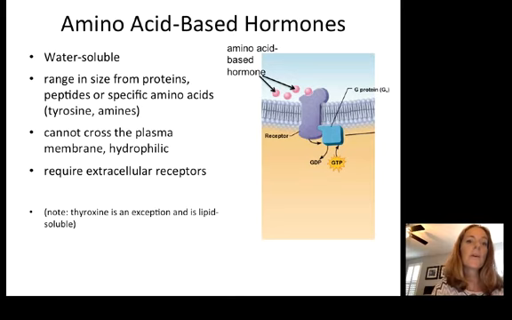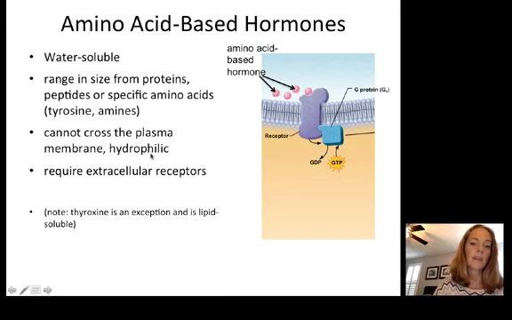No. So amino acid-based and water-soluble hormones are polar and large, meaning that they often have charged regions and/or they are very large proteins. They can range in size from large proteins to polypeptides. They can also be specific amino acids. In any case, they are water soluble and they cannot cross the plasma membrane.